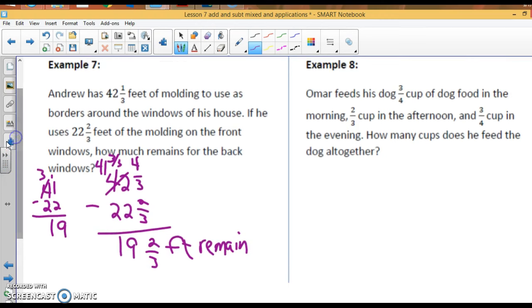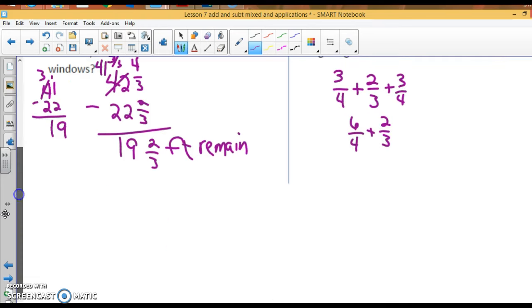Okay. Omar feeds his dog 3/4 cup of dog food in the morning, 2/3 in the afternoon, and 3/4 in the evening. How many cups does he feed altogether? So why don't I add 3/4 plus 2/3 plus 3/4? Well, 3/4 plus 3/4 is 6/4 plus 2/3. I can reduce that 6/4 to 3/2 plus 2/3.